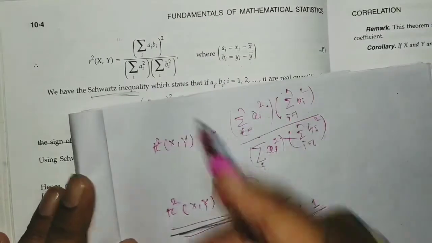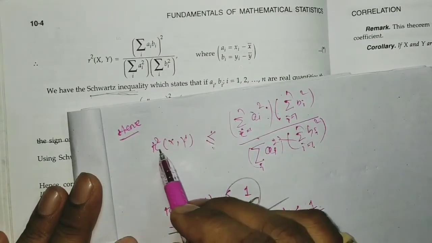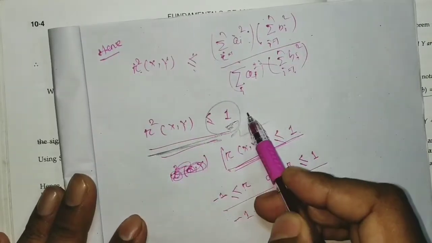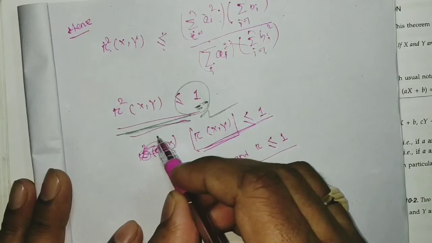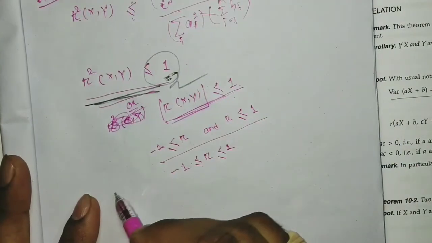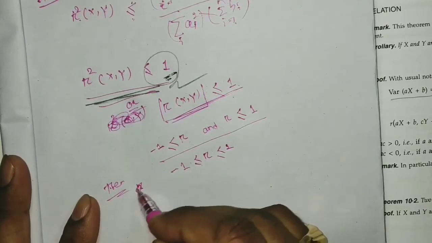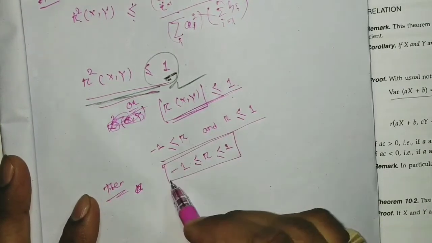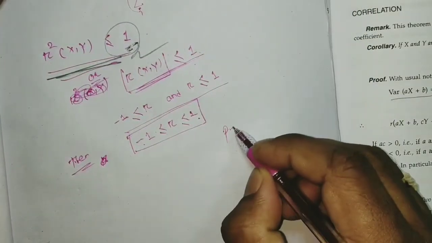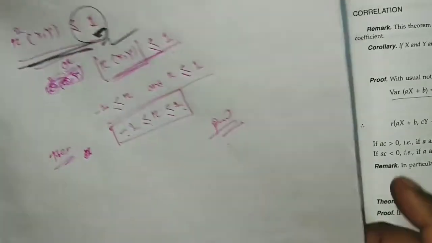Hence you have to write, r square xy less than or equal to this much, r square less than or equal to this much, or mod r less than or equal to 1. Therefore r varies in between minus 1 to 1, hence proved. Okay, so in this way you have to maintain your note.